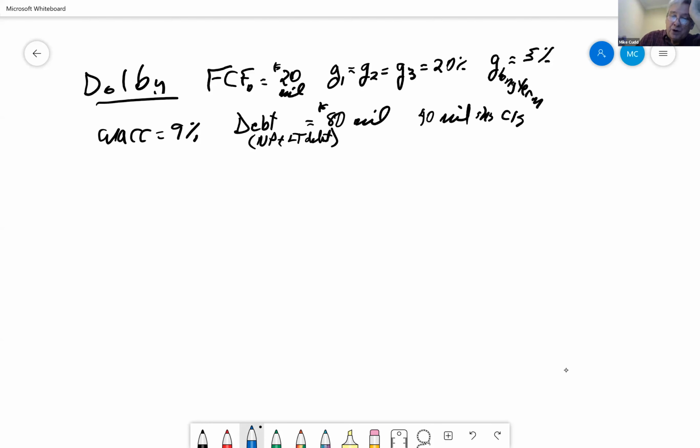Just like with the multi-stage dividend model, where we assume we sell the stock after 3 years, we use the free cash flow to estimate the value of the operating assets.